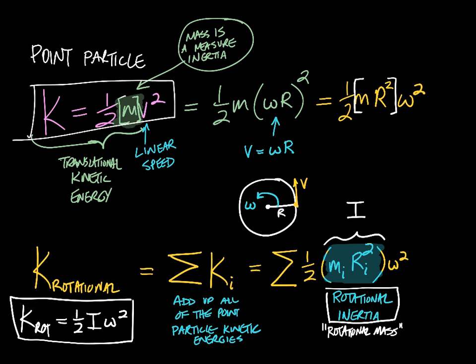It looks a lot like our linear kinetic energy equation at the top of the page. So there's a structural connection there. They both have this 1/2 times the way we're measuring inertia times the speed squared, whatever speed is appropriate for that kind of motion, linear versus circular motion.